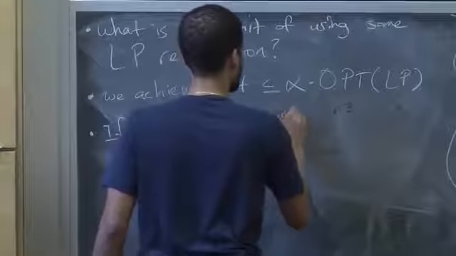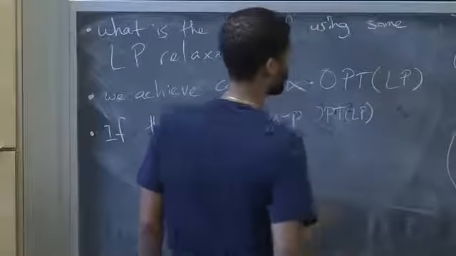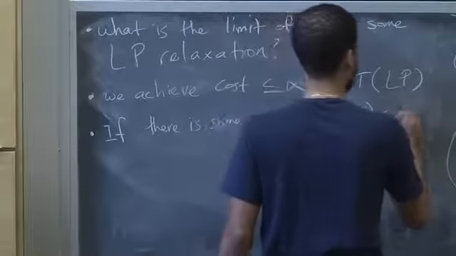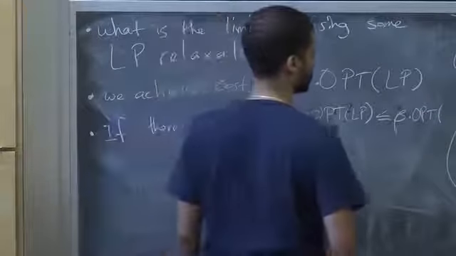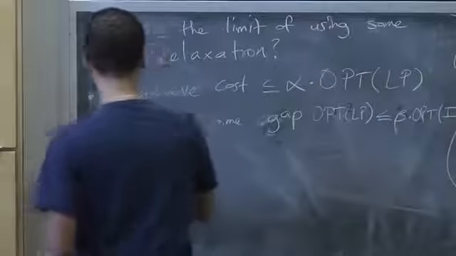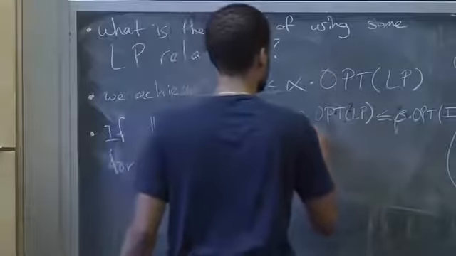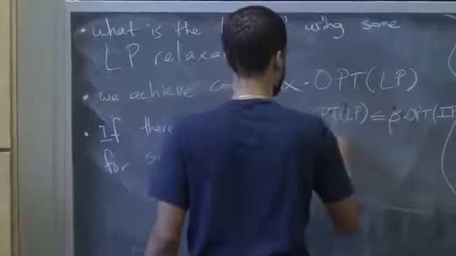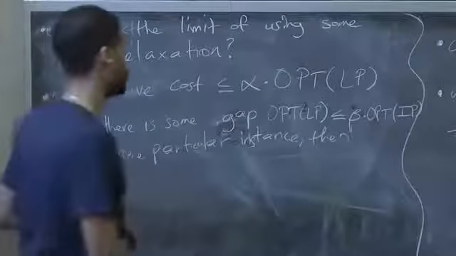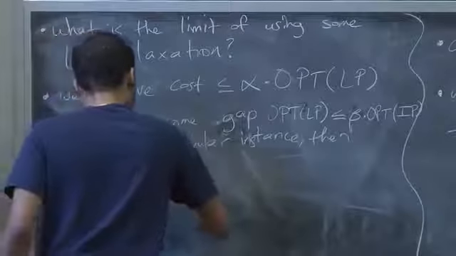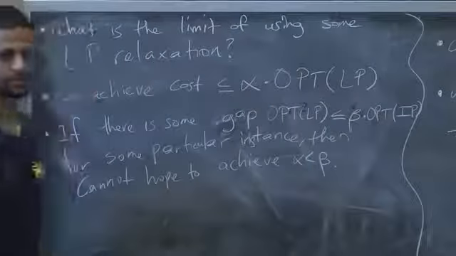If there is some gap that says opt of the LP is at most beta times opt of the integer program for some particular instance, some particular input, then such an argument, we cannot hope to achieve a ratio alpha which is strictly less than beta.